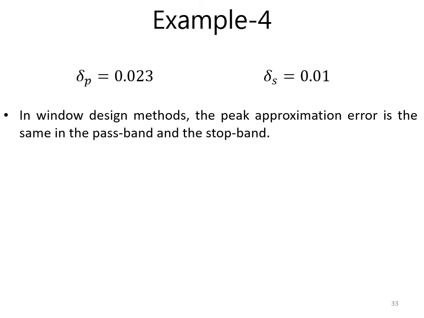So that is also called the peak approximation error: in the pass band it is 0.023 and the peak approximation error in the stop band is 0.01.